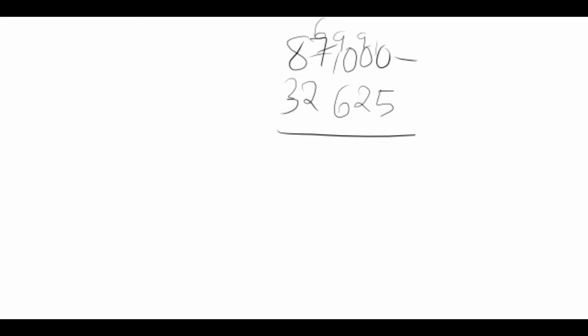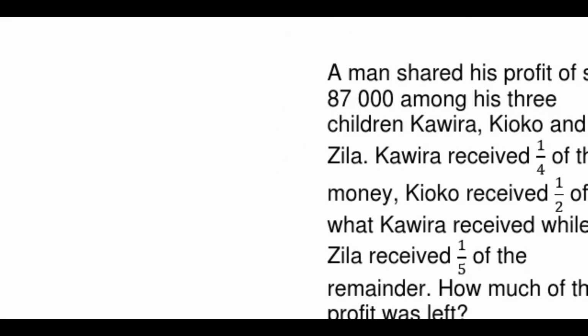So 10 minus 5 is 5, 9 minus 2 is 7, 9 minus 6 is 3, 6 minus 2 is 4, 8 minus 3 is 5. So we have 54,375 remaining. And we are told Zilla received 1/5 of the remainder.